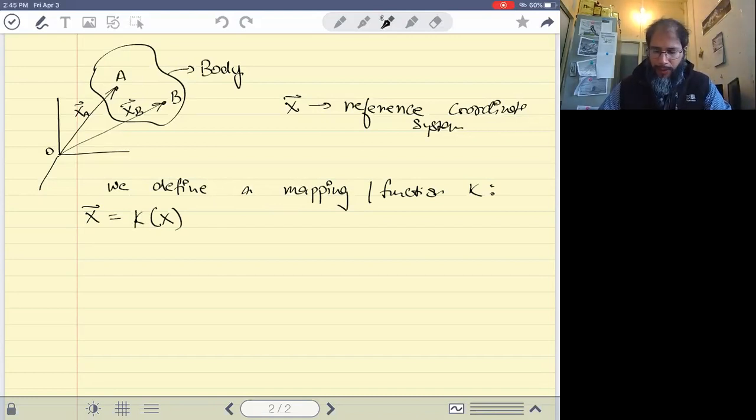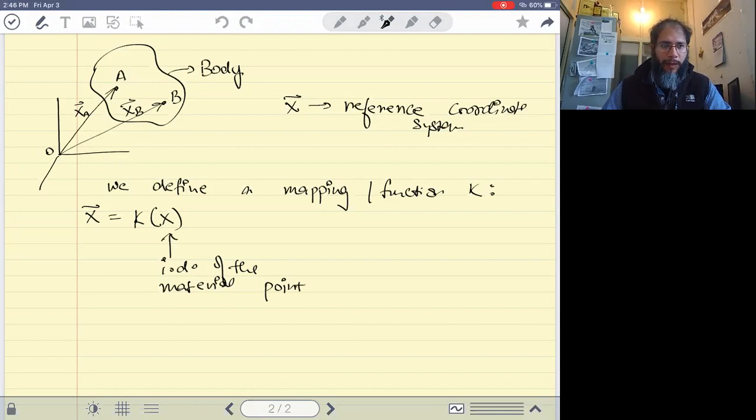So kappa takes the ID of the material point. Now ID is just an identification, so we can identify the points using alphabets, numbers, whatever you want. It's an identification of a point.